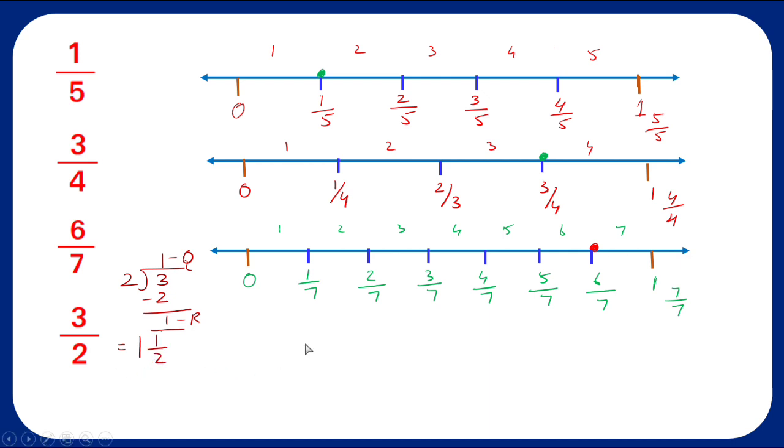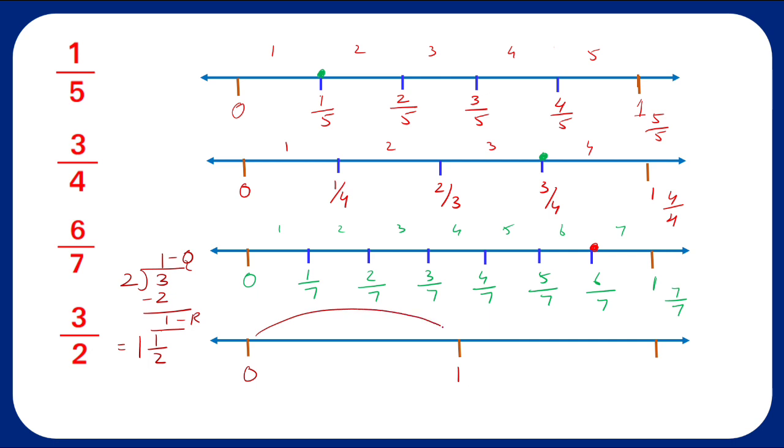So let's see how we represent this on a number line. Since this is an improper fraction, it is converted to a mixed number, so it has 1 whole. So the intervals will be from 0 to 1, so that's one entire whole interval and a half of it.